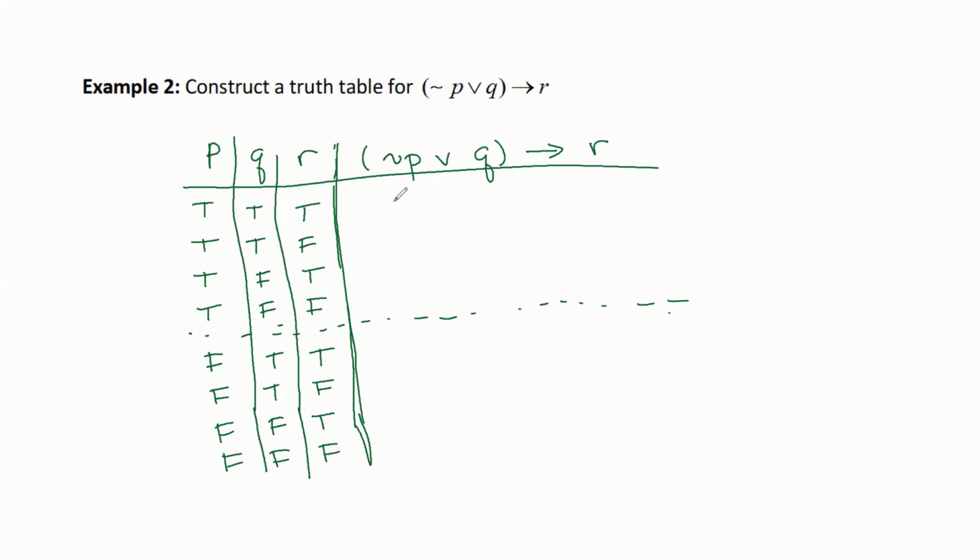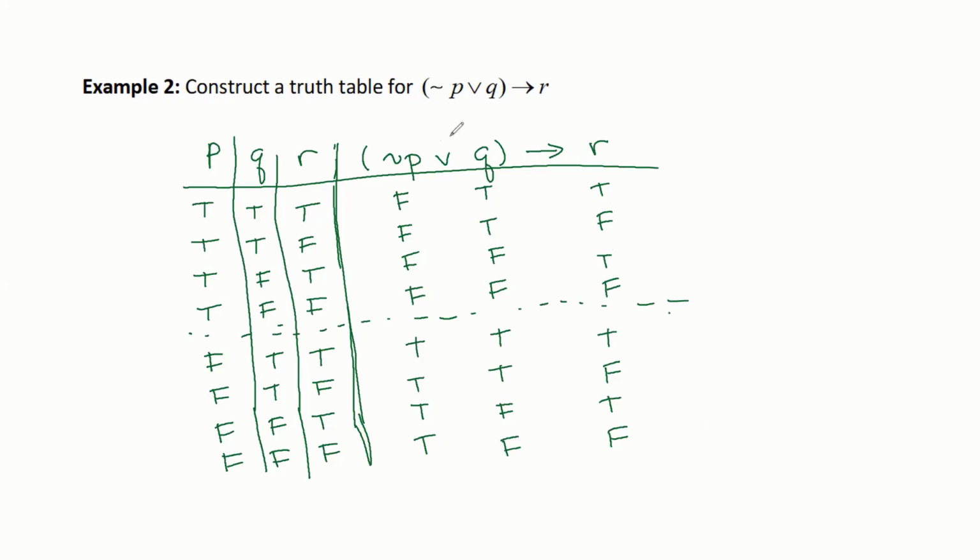So not P will be false, false, false, false, true, true, true, true. Our Q is true, true, false, false, true, true, false, false. And our R: true, false, true, false, true, false, true, false.